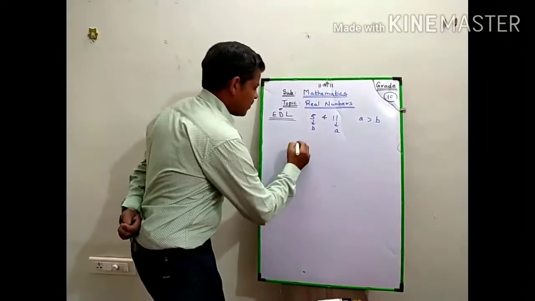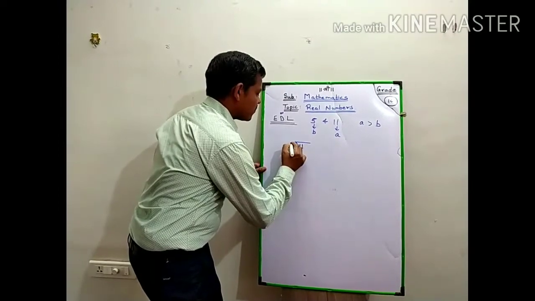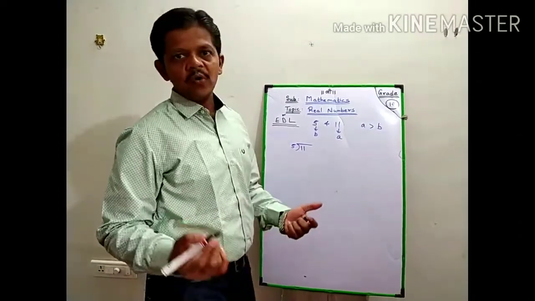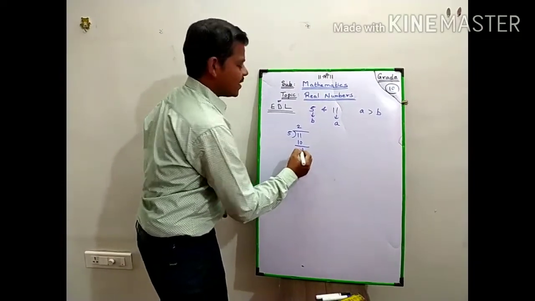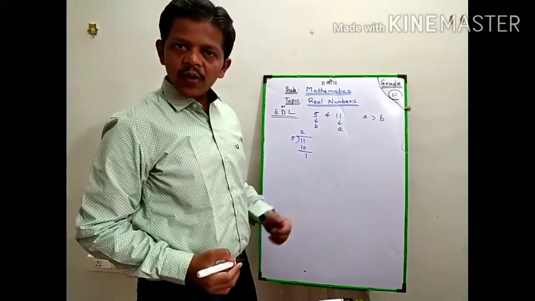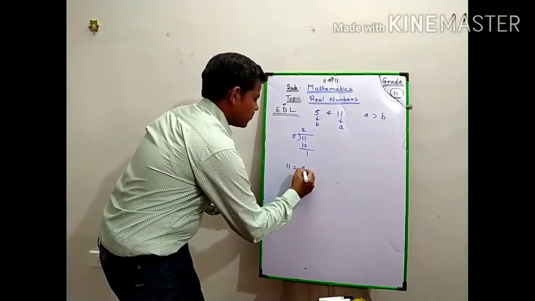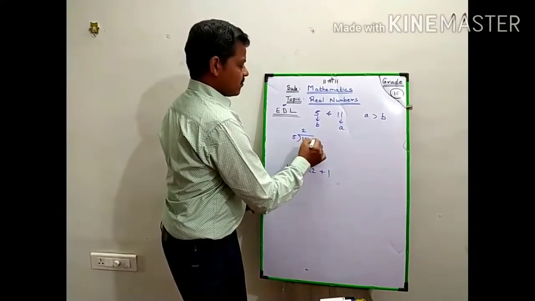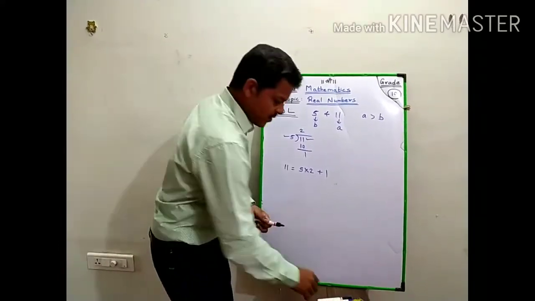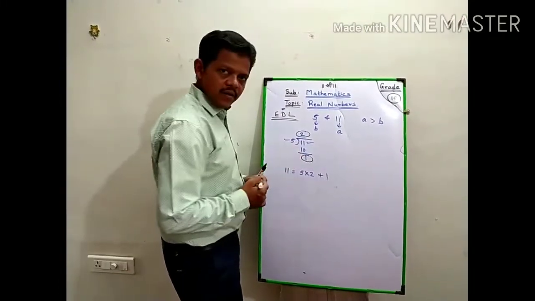So if I try to divide 11 by 5, you all know 5 2s are 10, the remainder is 1. And how do you write this division fact? You will write 11 is equal to 5 into 2 plus 1. While dividing 11 by 5, we got two more integers, 2 and 1.